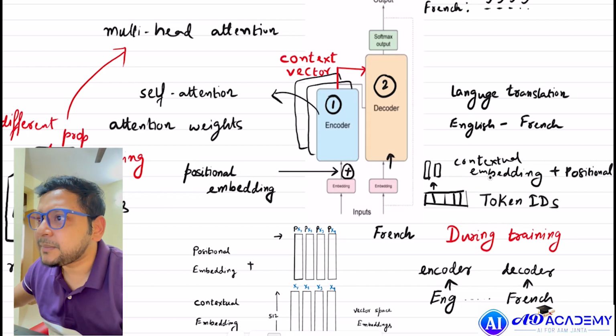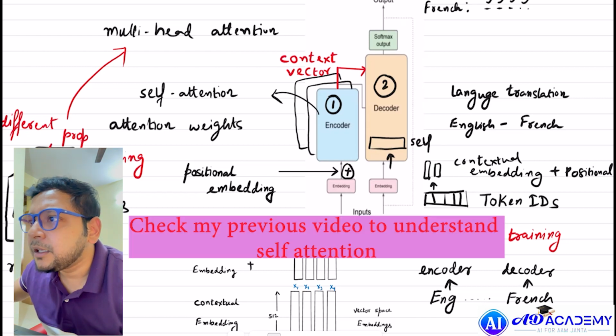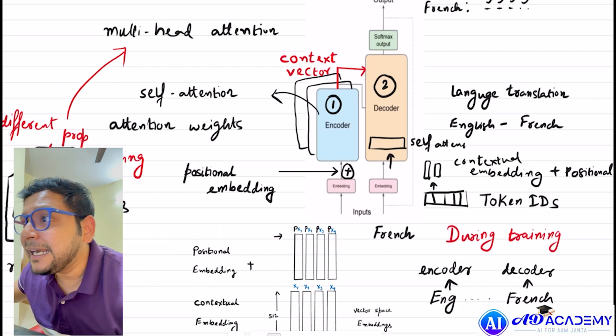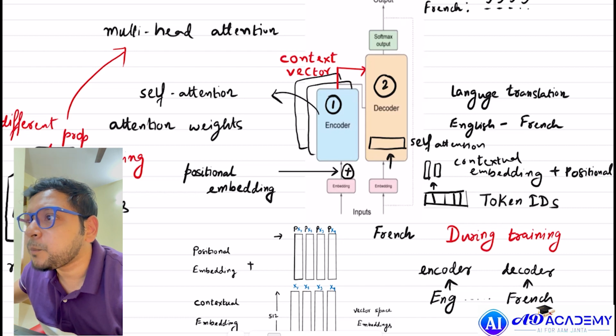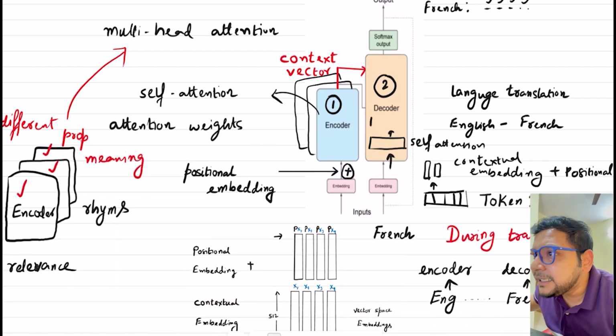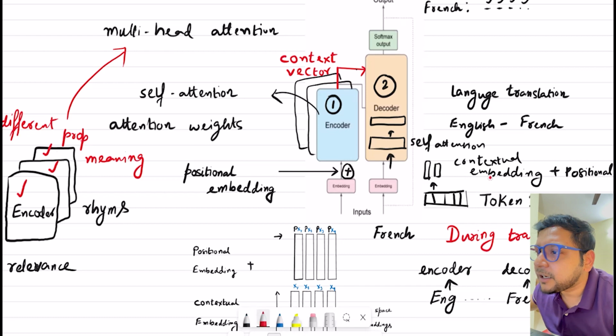Then this has been passed to the decoder, so it also has a self-attention layer, or you can say multi-headed self-attention layer. Now this has been passed to another layer of self-attention, and this context vector, let me write it in red, is also added to it.